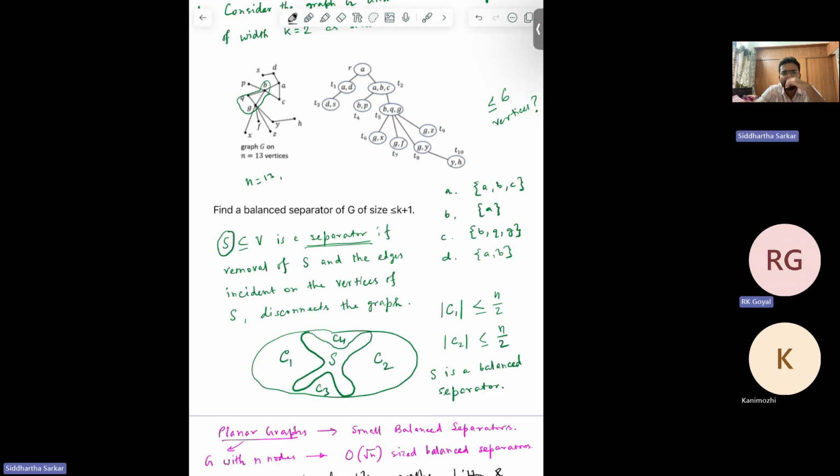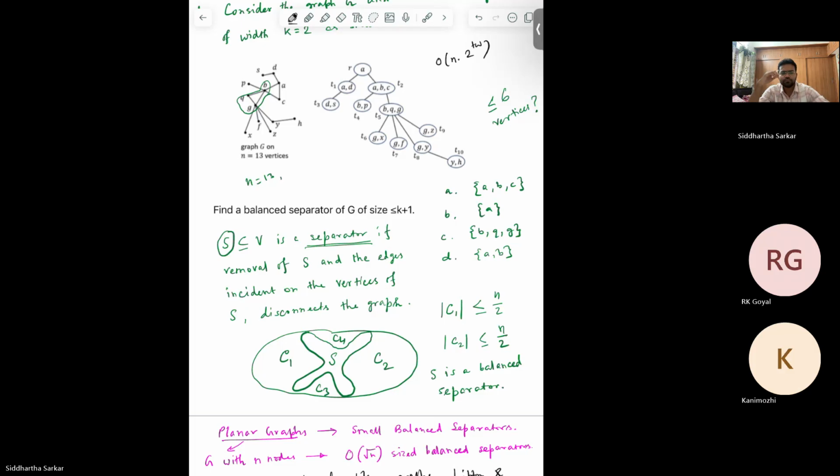I'll check. So the time complexity is generally order n to the tree width.